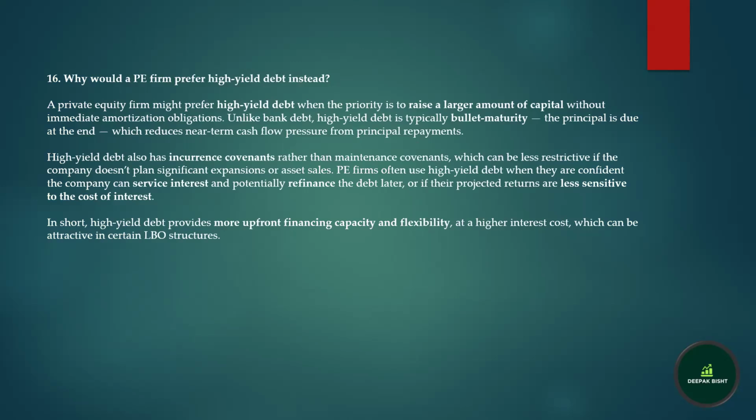High yield debt is typically structured in a way that allows greater flexibility in refinancing. If a private equity firm expects that interest rates would drop or the company's creditworthiness will improve after a few years, they may be able to refinance on more favorable terms before the bullet maturity date arrives. The private equity firm might also expect the company to become more stable and attractive to investors, which would make refinancing in a high yield or investment grade market easier.